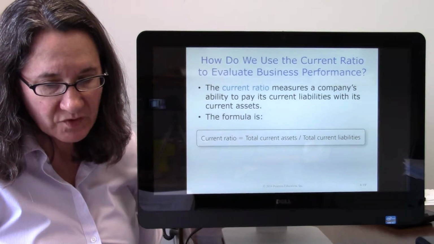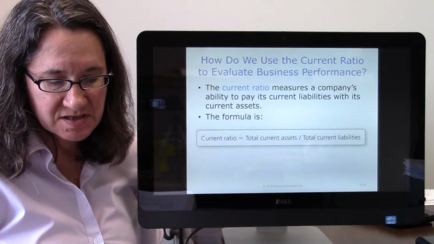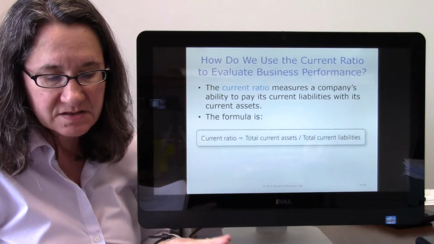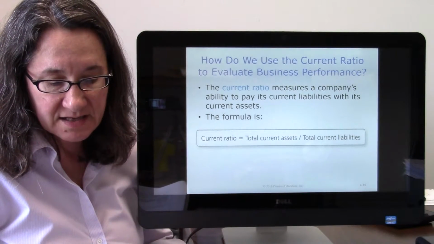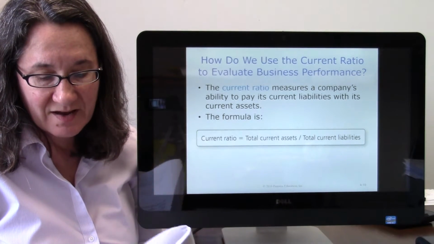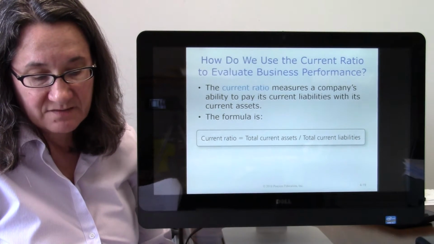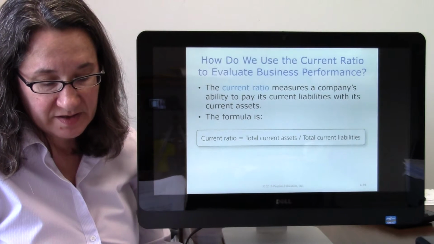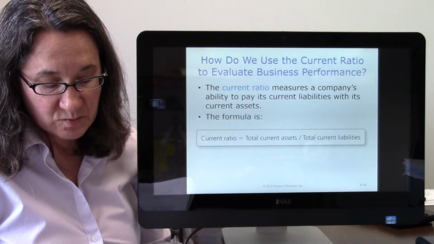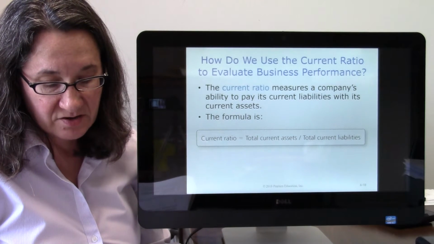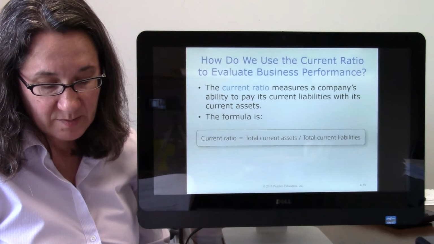So the current ratio measures a company's ability to pay its current liabilities with its current assets. A company prefers to have a high current ratio because that means it has plenty of current assets to pay its current liabilities. A strong current ratio is 1.5, which indicates that the business has $1.50 in current assets for every $1 in current liabilities.